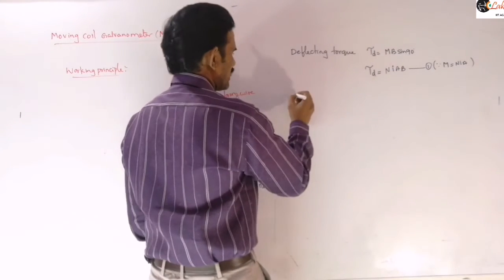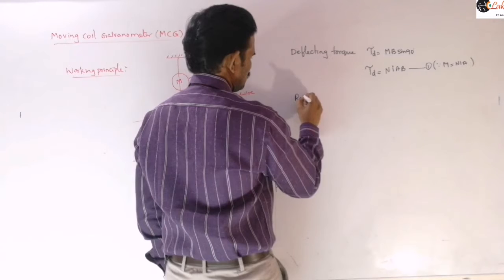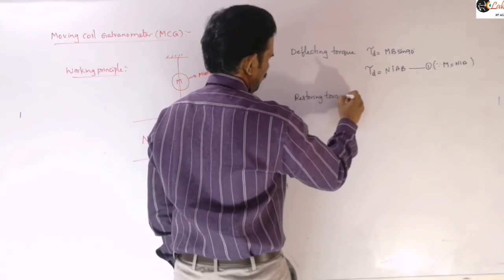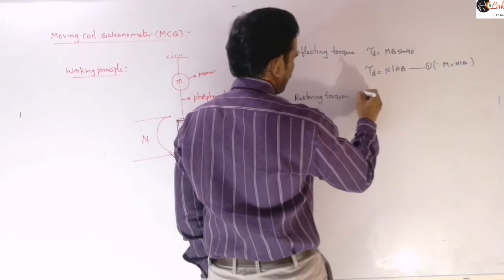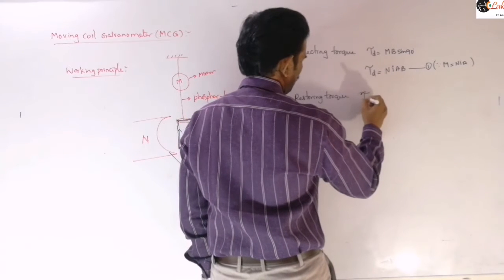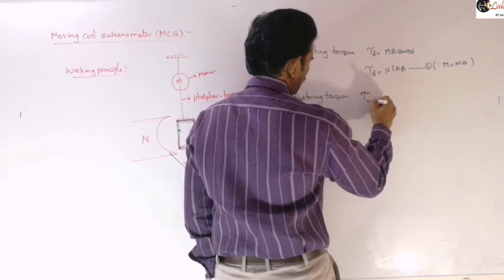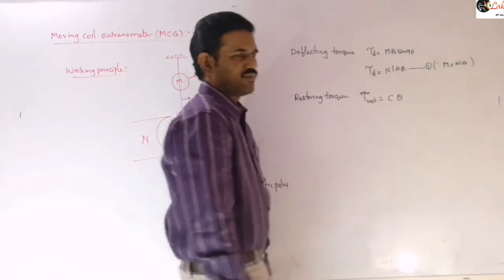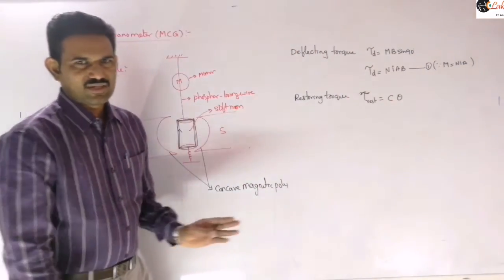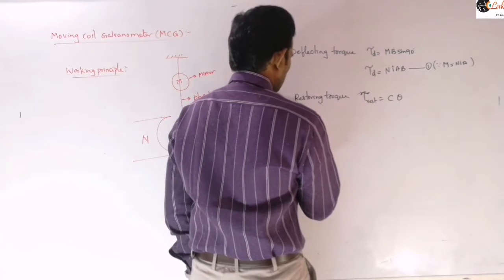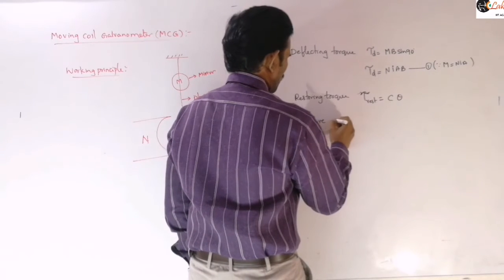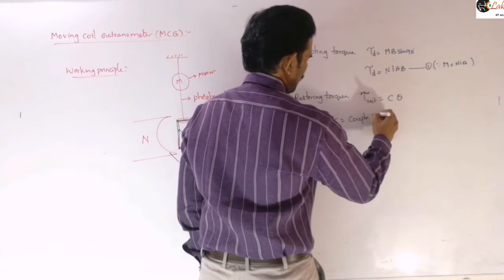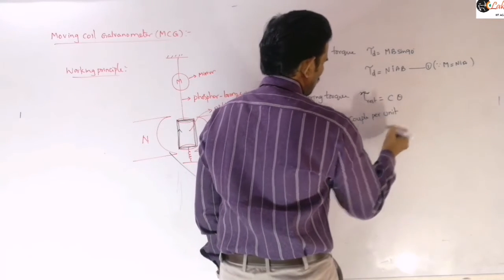And next, the restoring torque. Restoring torque acting on it, tau restoring, is equal to C theta, where theta is the angle of deflection of the coil, and C is called the couple per unit twist.